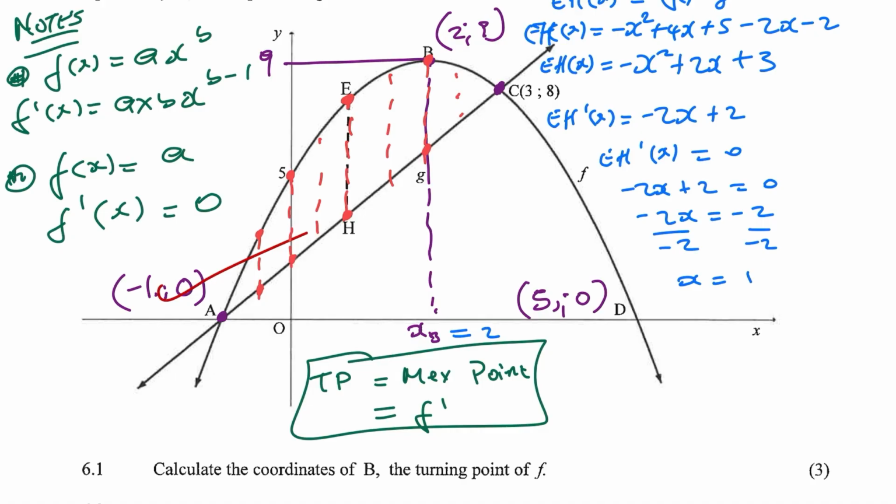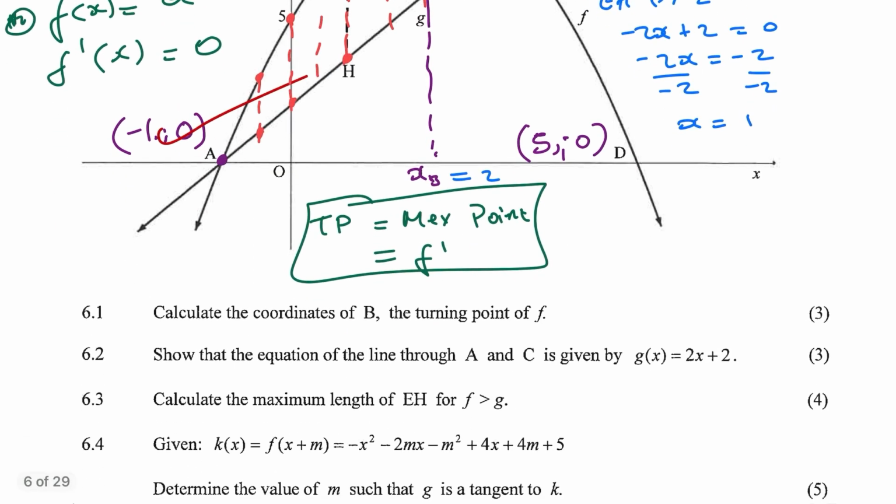Now we get the x value. What we're going to do is take that x value and substitute it into the equation of EH, to find the maximum value, right? So basically, what we're saying is the maximum length of EH happens when x is equal to 1, and we get the answer.